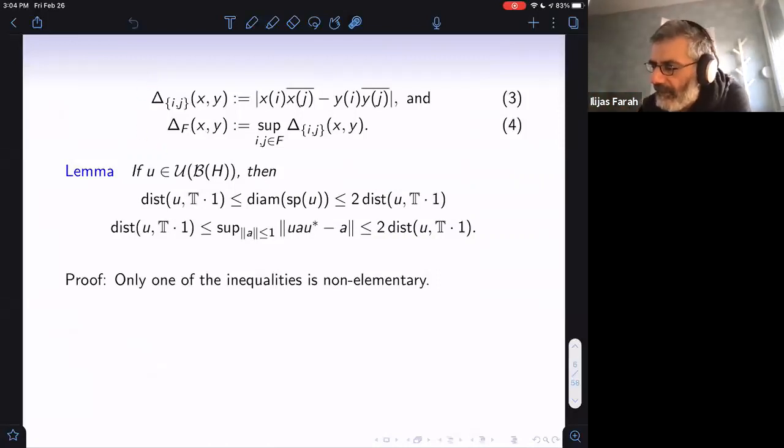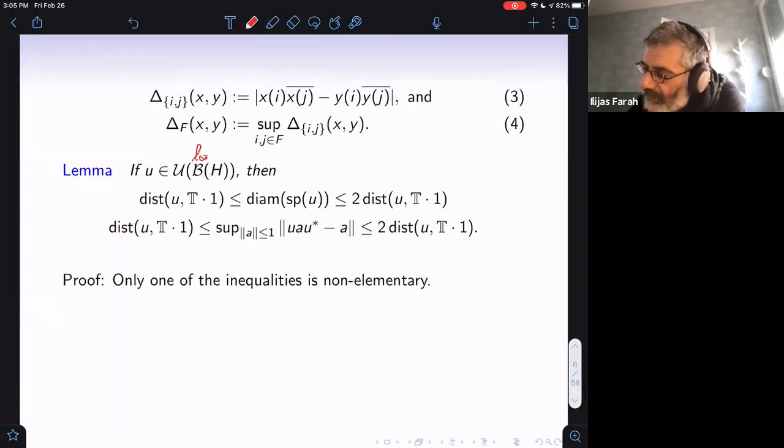Okay, first we have the definition of delta. Once again, counting 3 and 4, it's the same as 1 and 2, just that I forgot to reset the counter. So first, the first lemma: U is in L infinity of N. Sorry, I forgot about the identification.